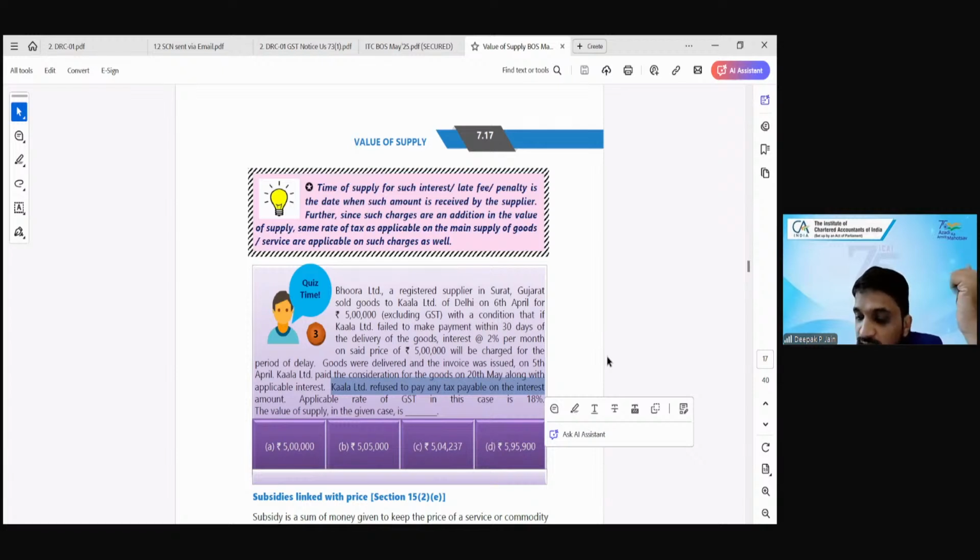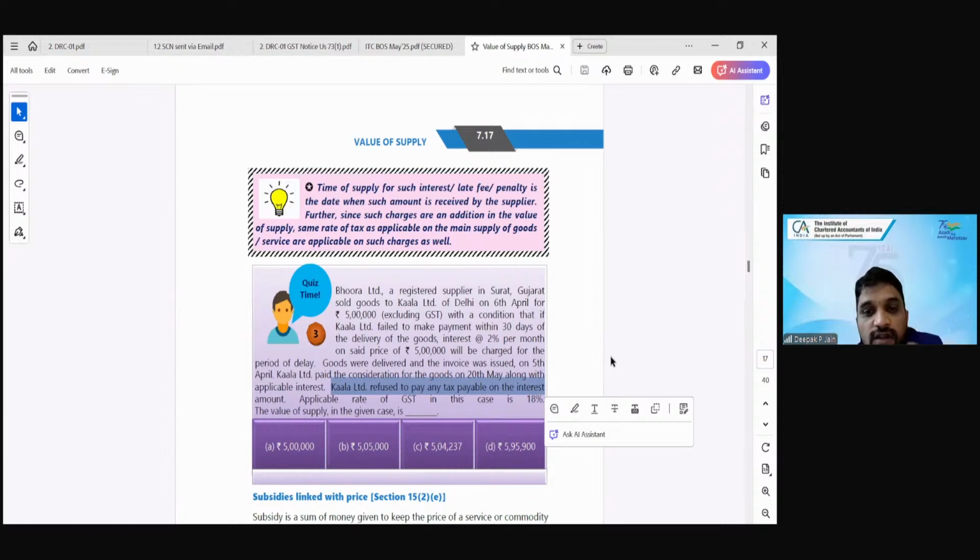So what you will do, you will take 5,000 rupees, which is the interest, divided by 100 plus the GST rate, 18, so 118 percent. That gives 4,237.